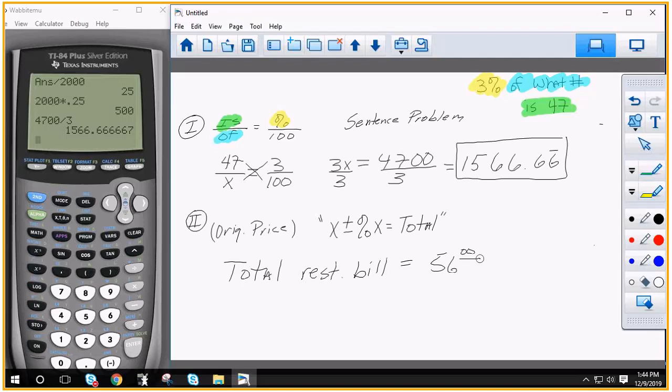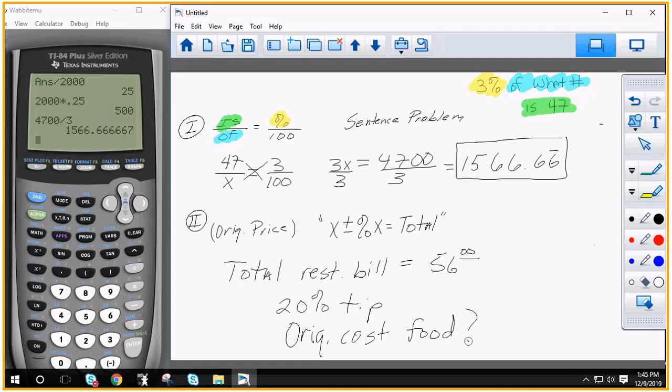All right. And you left a 20% tip. What was the original cost of the food? In other words, your appetizer, your drinks, your meal, what was the price of those 3 items?